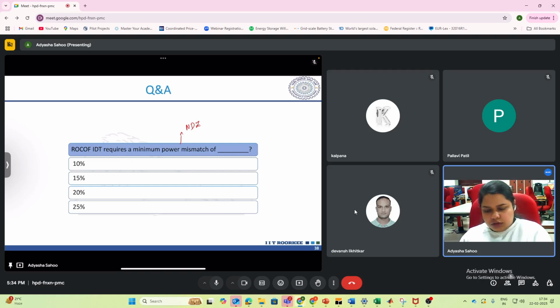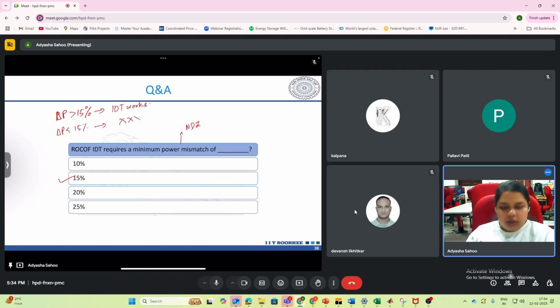It is 15%. Basically, if your delta P is greater than 15%, then this IDT works. But if delta P is less than 15%, it will not be able to detect the islanding.